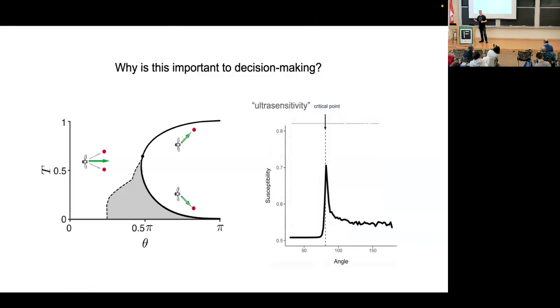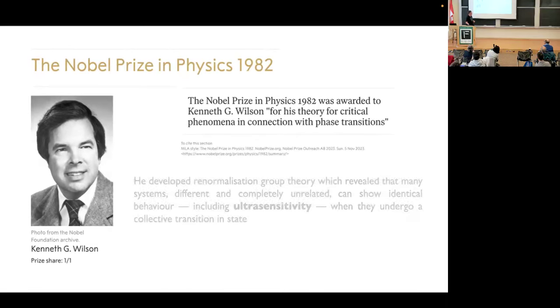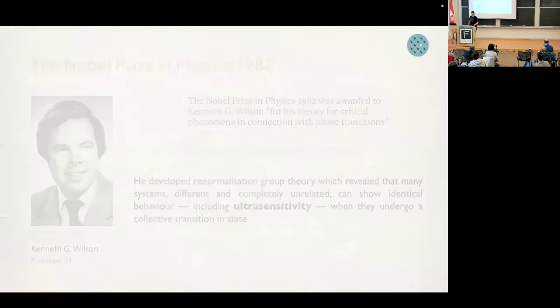What a brilliant thing to have. It's a free property that you get as an emergent feature of a phase transition. And there's incredible work in physics that really shows this ultrasensitivity is a universal feature of any system undergoing this type of transition. So we could be quite confident that if the animals are behaving this way, this could be an important feature.